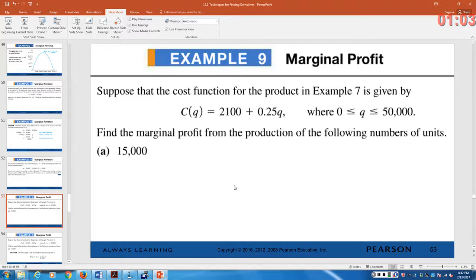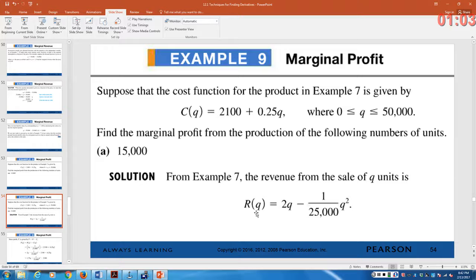Marginal profit works kind of the same way. Suppose that the cost function for that product is given by C of Q equals 2100 plus 0.25 Q. Find the marginal profit when you have 1,500 units. First thing you have to do is take cost and subtract it from the revenue.